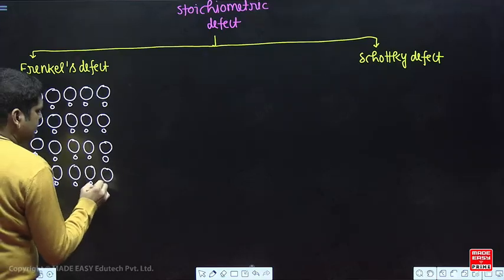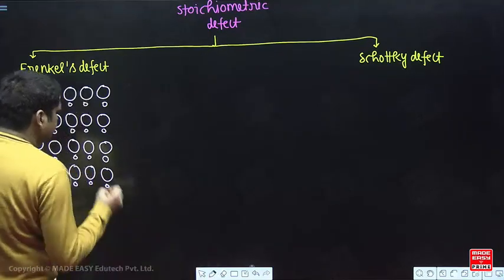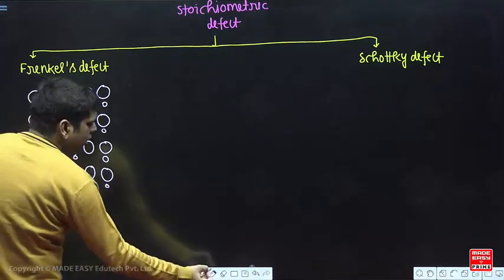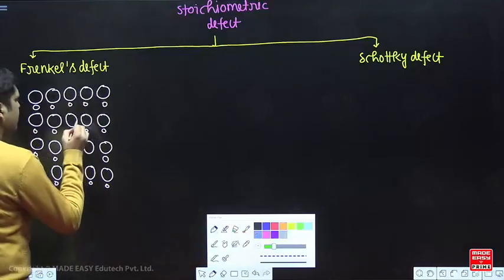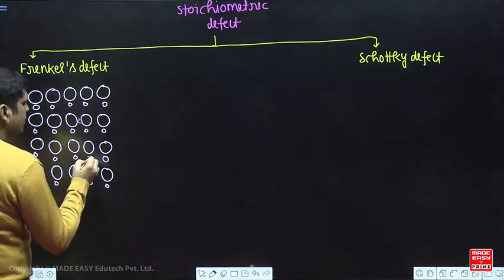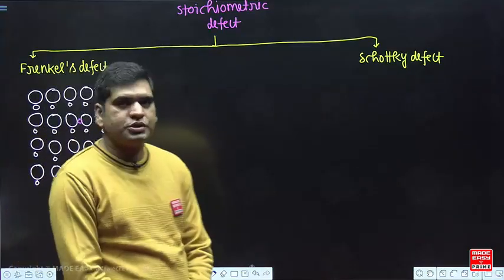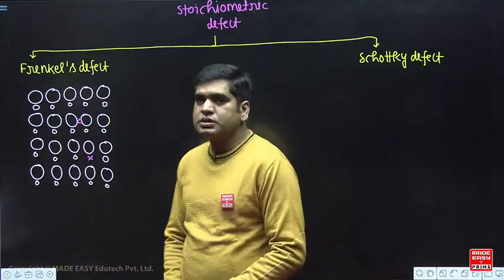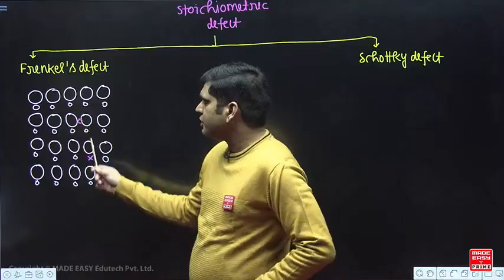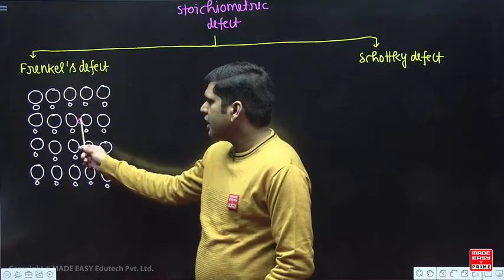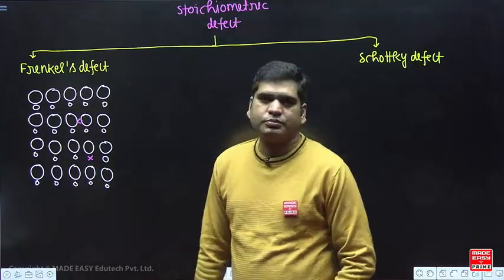Suppose a cation leaves its lattice position and occupies an interstitial position. Hence, this cation creates two things: a vacancy here and an interstitial defect here.